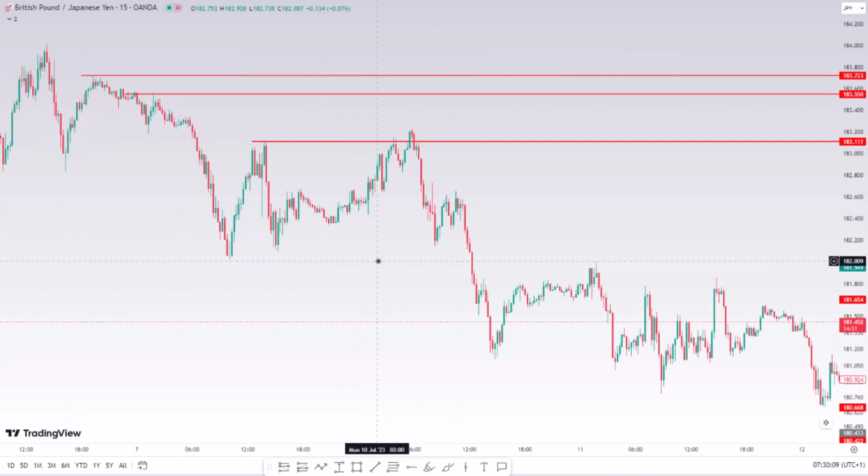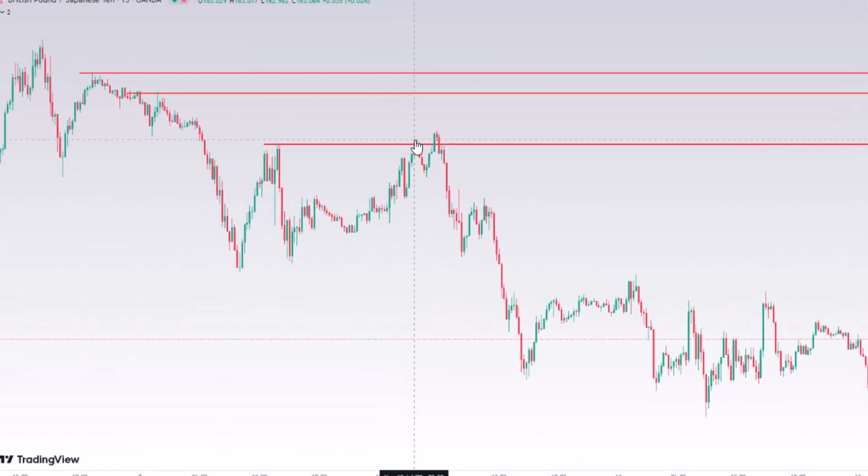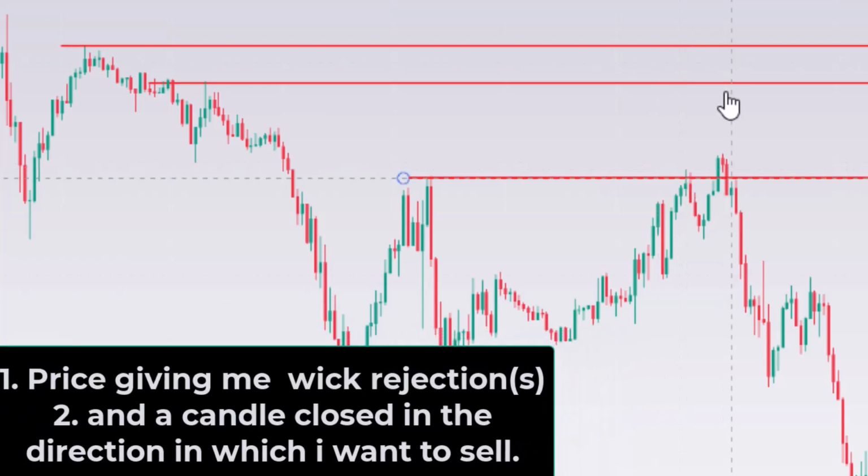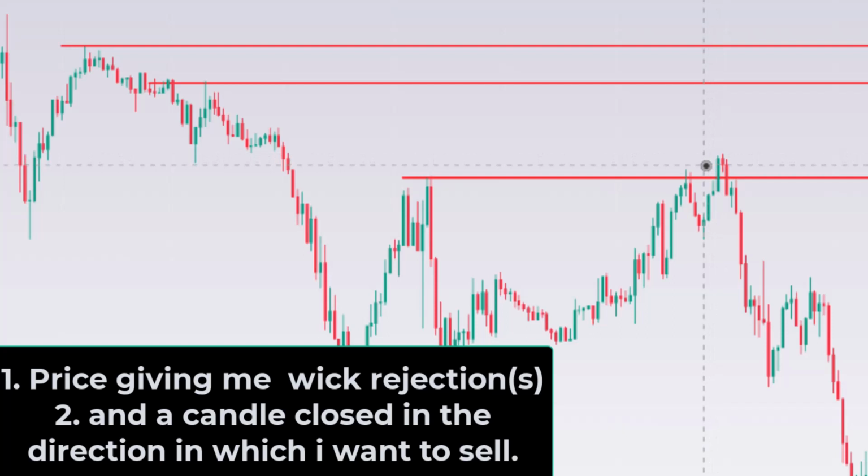Next, I will wait patiently for the market to approach these levels, thereby fulfilling two criteria. One, I want to see price coming to either of these levels, giving me weak rejections, and a candle close in the direction in which I want to sell.